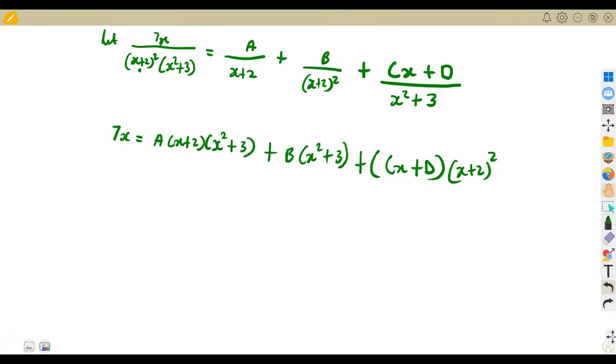Let us start with the linear. Do we have linear brackets? Yes, we've got x plus 2 here and also x plus 2. So if we let the bracket of x plus 2 be equal to 0, it means x at that moment must be equal to what? Minus 2. So if x is minus 2, on the left-hand side, we're going to have 7 times minus 2, which is minus 14, is equal to.